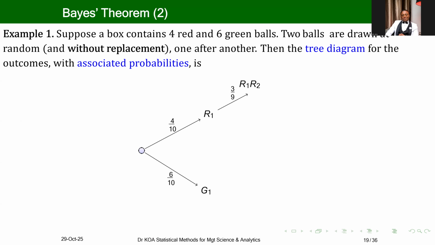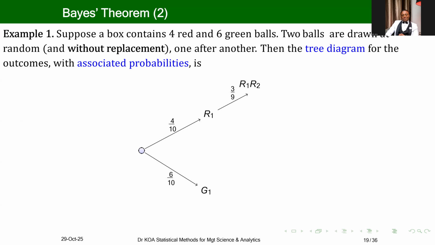Yes. Let's not cancel it now. Let's keep it as it is. Okay, so you get 12 over 90. Now let's go to the G1. Let's calculate the probability of R1G2. What would be R1G2? 4 over 10 times 6 over 9.